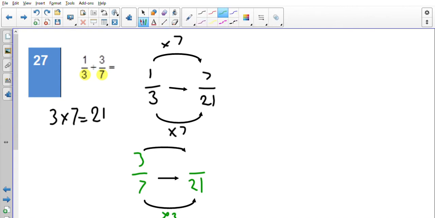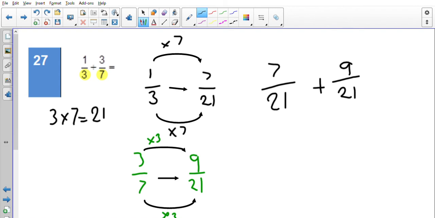So I can pop that in there. And then if I look at that, 3 times 3 is 9. So now if I rewrite my calculation, I have 7 21ths, and I'm now adding 9 21ths here. So I've got 7 21ths plus 9 21ths, which is going to give me my answer of 16 21ths.